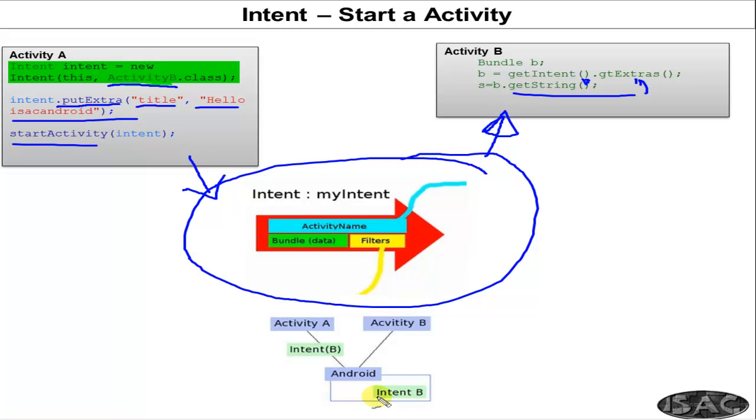If not, it will use the implicit intent concept to find out which component will receive this, and then pass the intent to that component. This is another way to understand how an intent object flows from one component to another, like one activity to another activity, one service to another service, and so on.